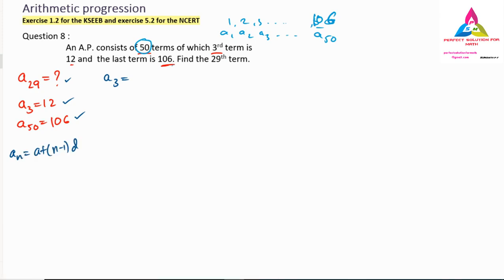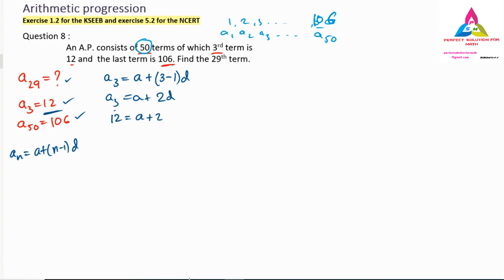So A3 is equal to a plus, n is 3 here, 3 minus 1 into d. 3 minus 1 is 2, so 2d. Remember, A3 is always a plus 2d. Here if you have 3, it will be 2 only. Now what is the A3 value? It is 12. So 12 is equal to a plus 2d.